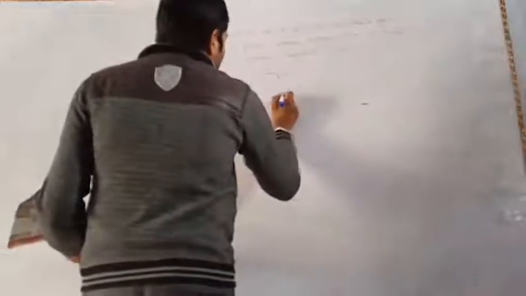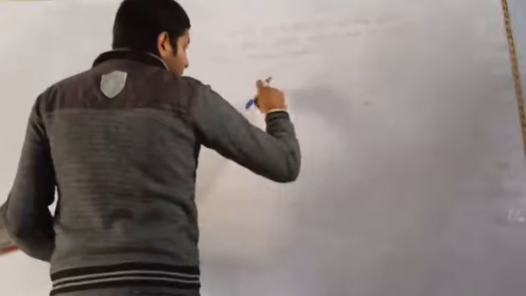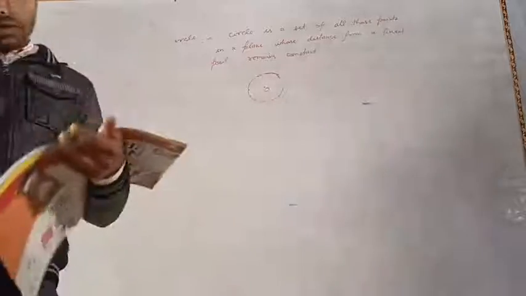All the points lie at a fixed distance. So this is a circle.